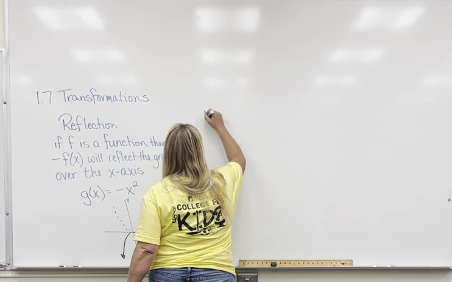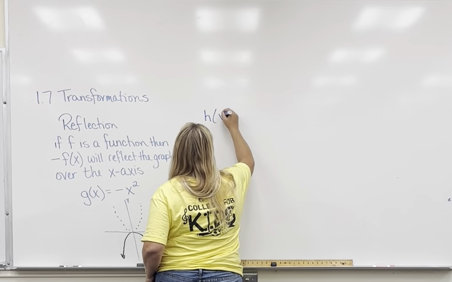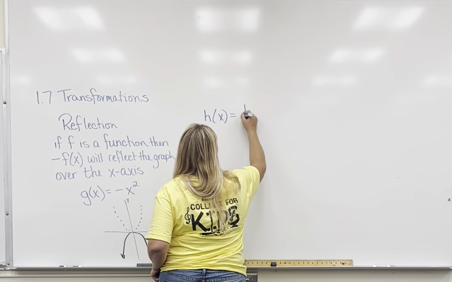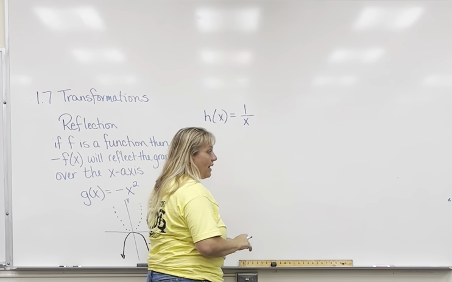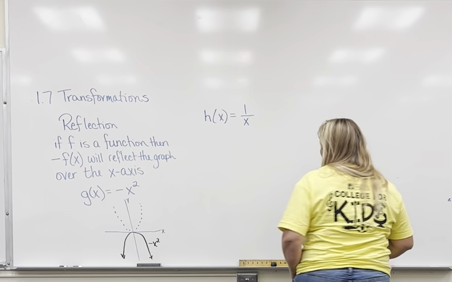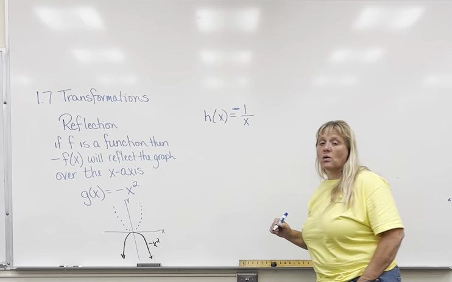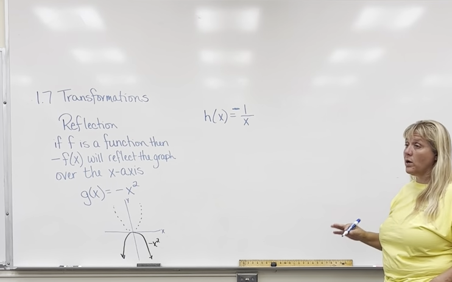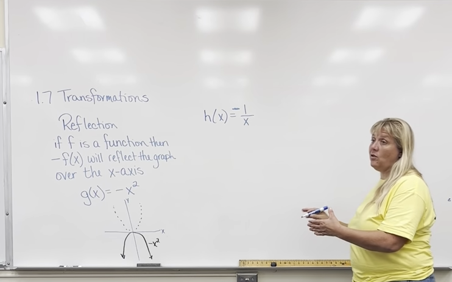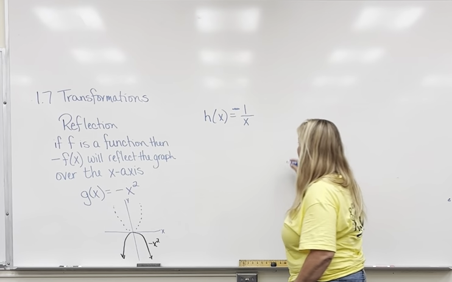Let's look at one more of those, one that's a little bit different. The last base graph we talked about was 1 over x, but I'm asking you to graph negative 1 over x.